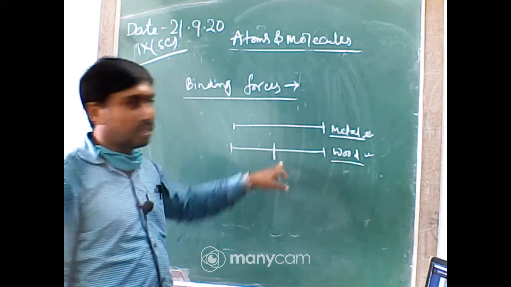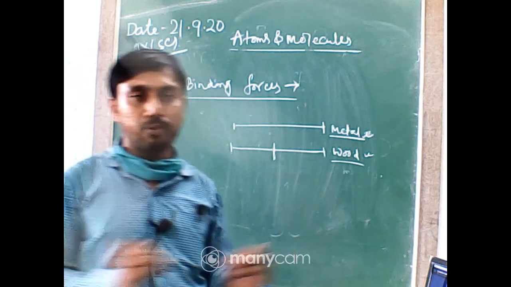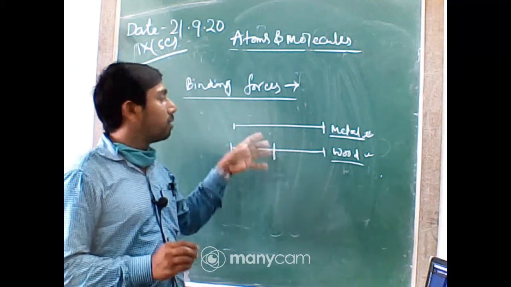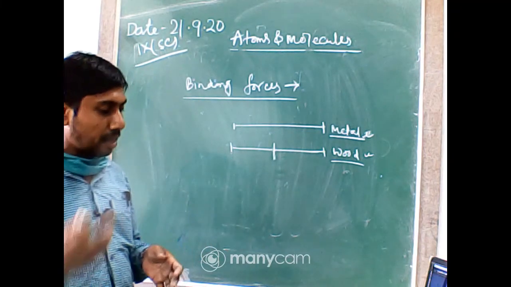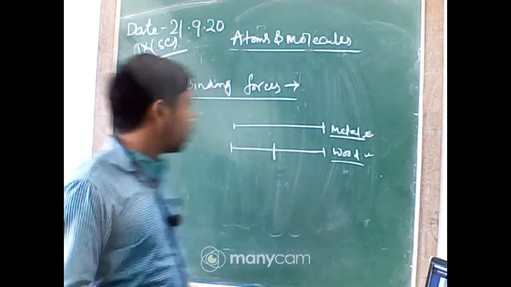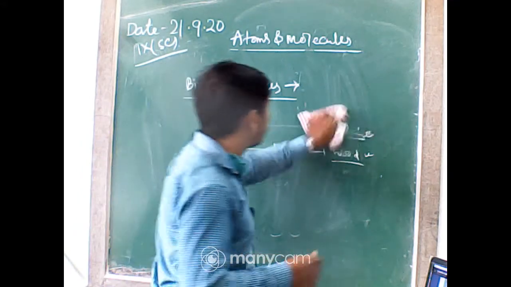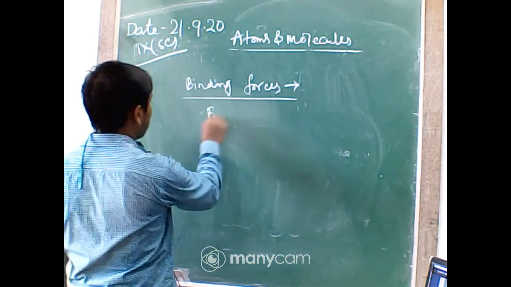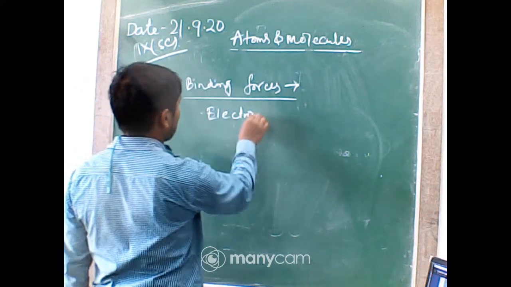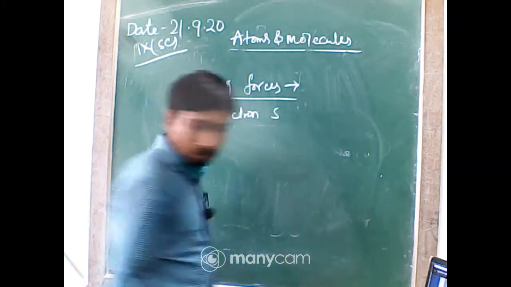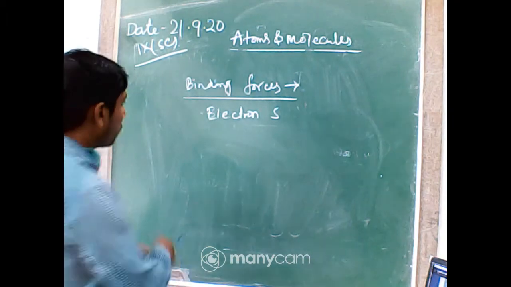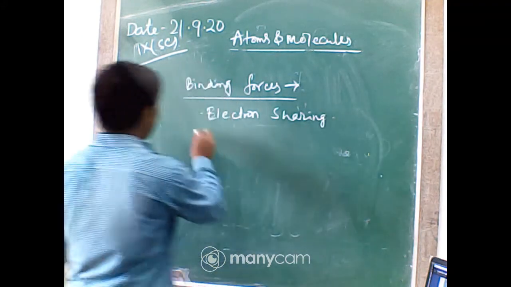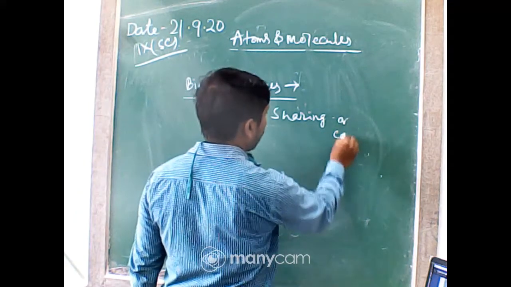Now from that it is clear that there are some binding forces. The particles are bound together between themselves. And what kind of force is there? In chemical terms, there are two kinds of force. One is due to electron sharing, or covalent.